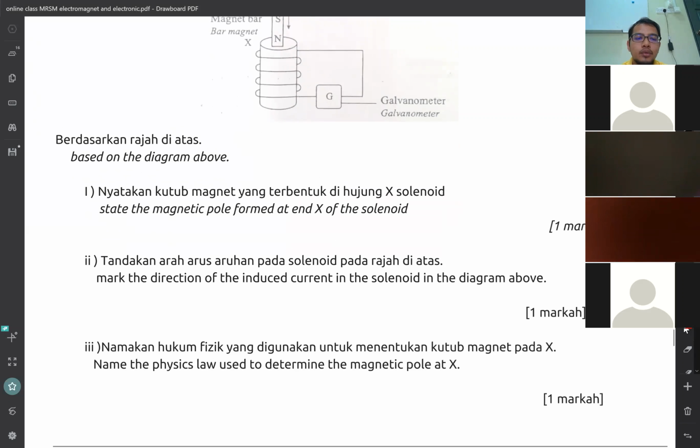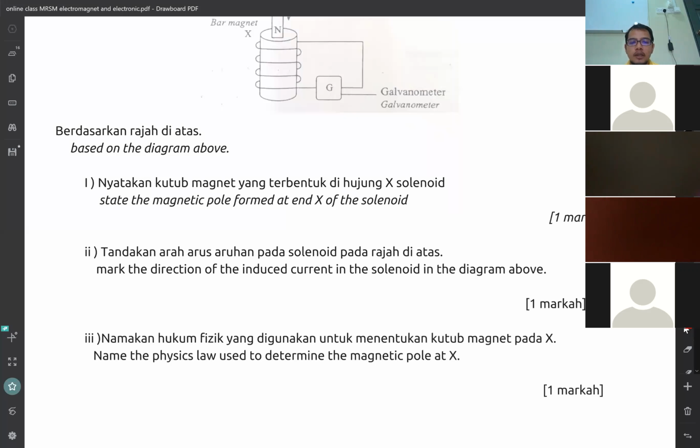Number 2, mark the direction of induced current in the solenoid in the diagram. So what is the direction of induced current? Will the arrow be to the left or to the right?